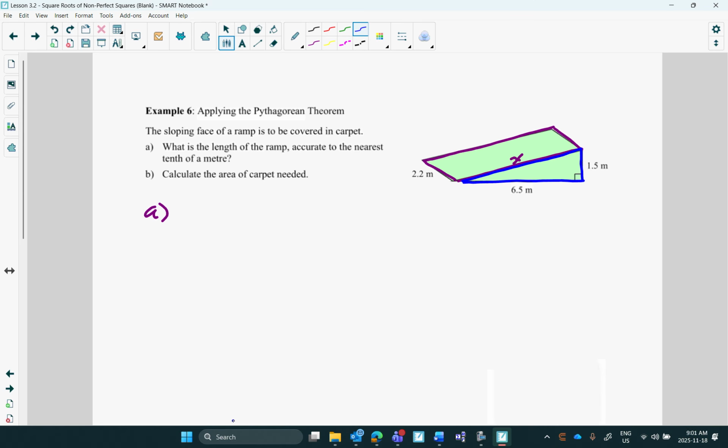So using Pythagoras, using the formula, what would it look like when I plug everything in? Equals. But what have I called it? Excellent, good. Now you can save yourself a little bit of time, a little bit of step. Why don't we do this all together? So 6.5 squared plus 1.5 squared.